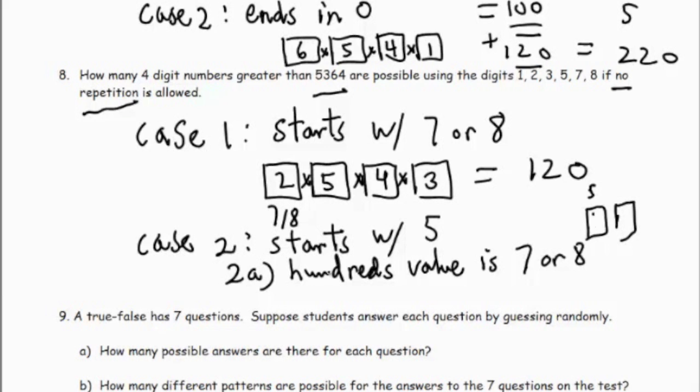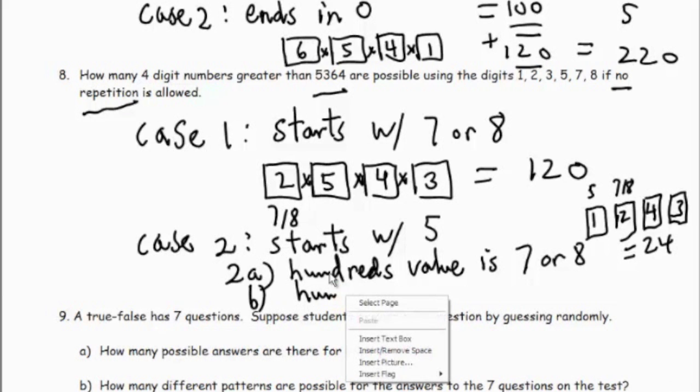Now I'm running out of space here. This is going to be a 5, so 1, 7 or 8, so 2 options there. And then for the remaining numbers, it doesn't matter the order. So we have 4 numbers remaining, so 4 here, 3 here. Multiplying those out, we get 24.